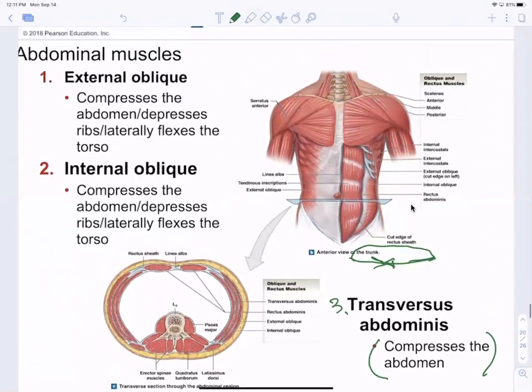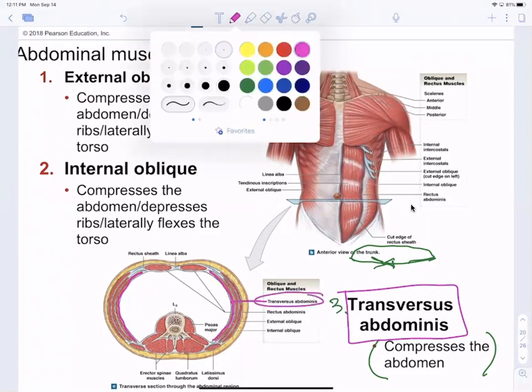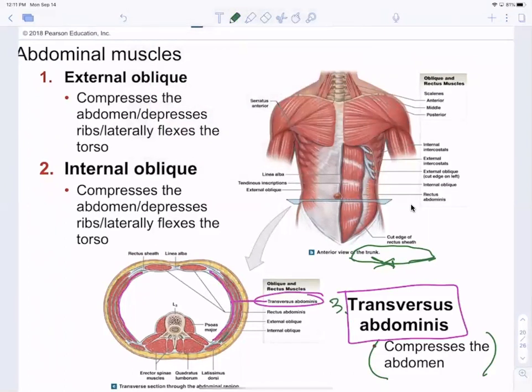And so the deepest layer is going to be the transverse abdominis. So right here, you're going to have transverse abdominis. And then the next layer is going to be the internal obliques. Right, so you're going to have the internal obliques here.